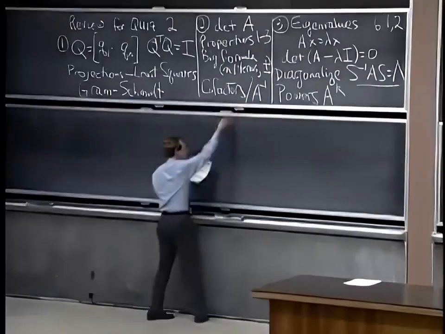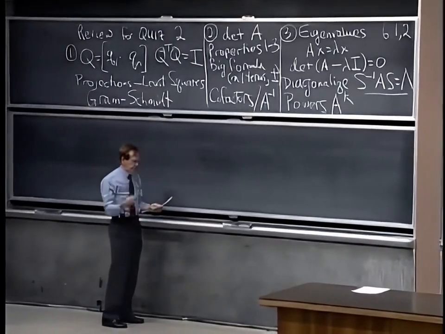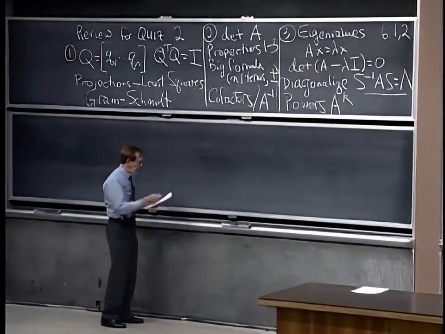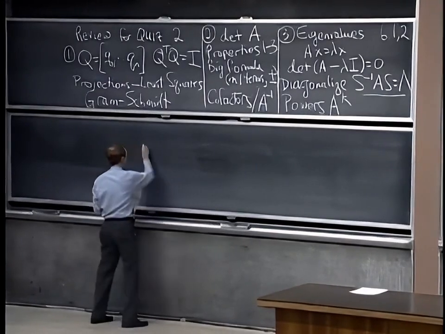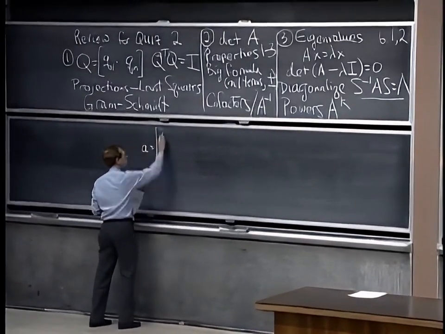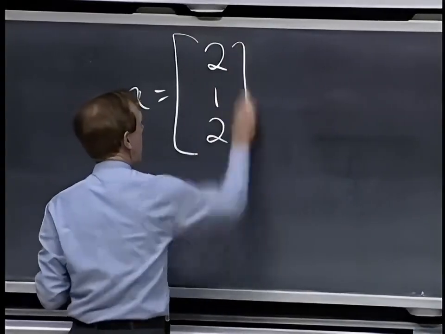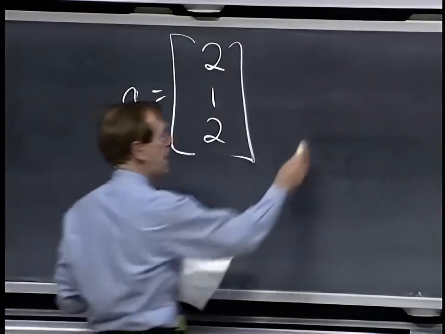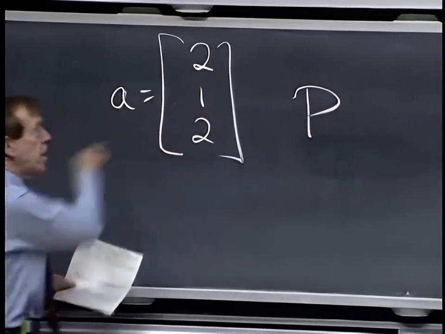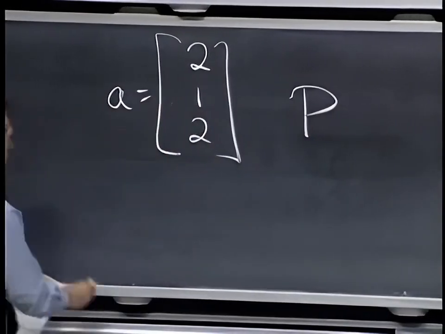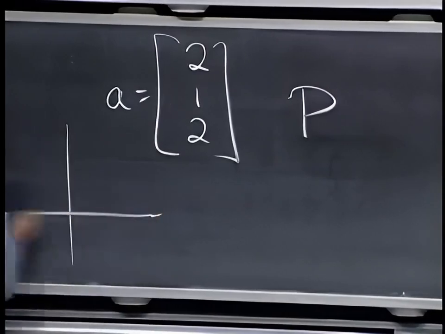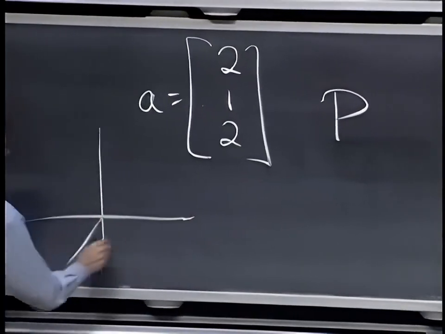Okay. So the first question's about projections. It says we're given the line, the vector a is the vector 2, 1, 2, and I want to find the projection matrix P that projects onto the line through a. So my picture is, well, I'm in 3 dimensions, of course.